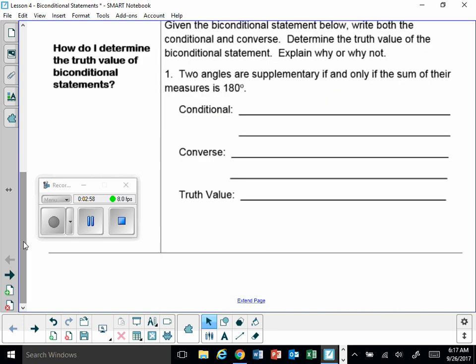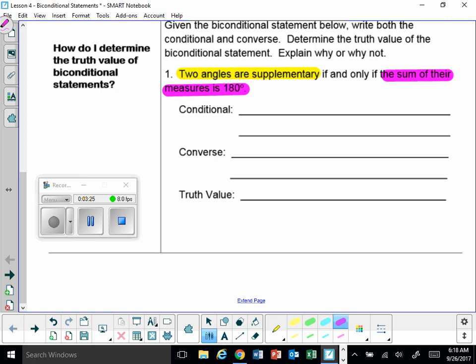Given the biconditional statement below, write both the conditional and converse. Determine the truth value. Two angles are supplementary if and only if the sum of their measures is 180 degrees. When I write this, I want to stay in the same order as I write my conditional statement. Two angles are supplementary will come first, and the sum of their measures is 180 degrees will be my conclusion.